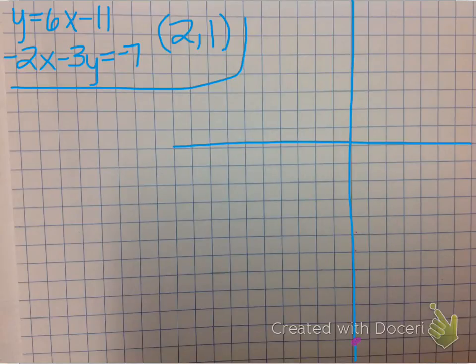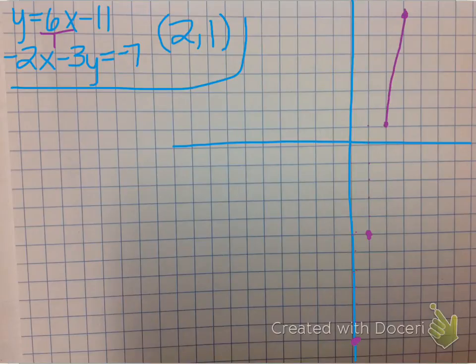So here's my y-intercept, and then my slope is 6, so I always know if it's a whole number, I put it over 1. So I'm going to count up 6 over 1, and keep going so that I have my line all the way across my graph. Perfect.